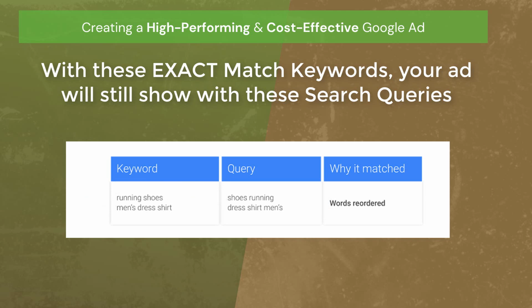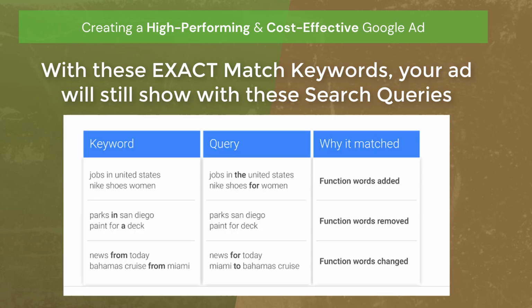Google also allows with exact match keywords if there are function words added or removed, like the, for, in, a, or function words changed, from, for, from, to. With exact match, your ad will still trigger with these slight variations.